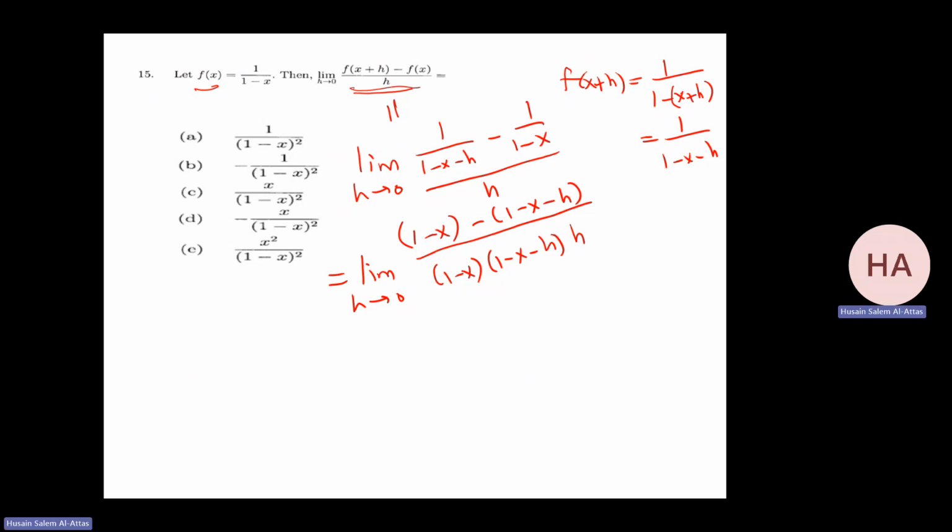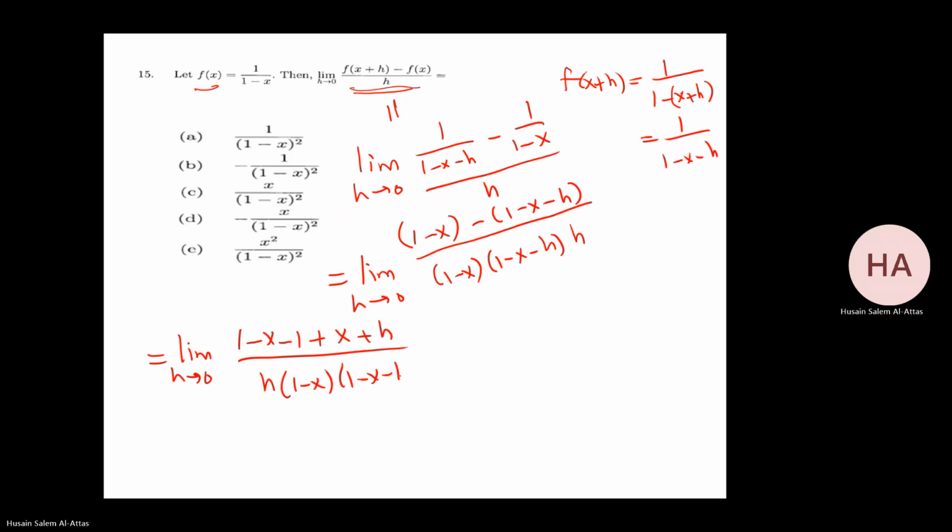Now, let me simplify the numerator. It will be 1 minus x minus 1 plus x plus h over h. This is cancelled. This is cancelled. You have h over h also cancelled. Let me do it in steps. H over h.